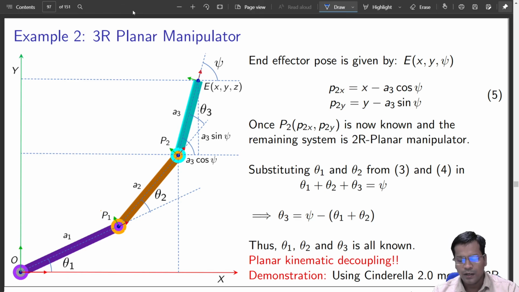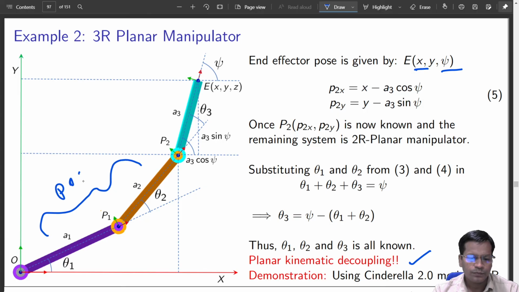So what is this? This is a type of planar kinematic decoupling. What I have done, I have decoupled the given problem into a position and orientation problem. So I have decoupled this robot. This part gives me position and this remaining part gives me orientation.